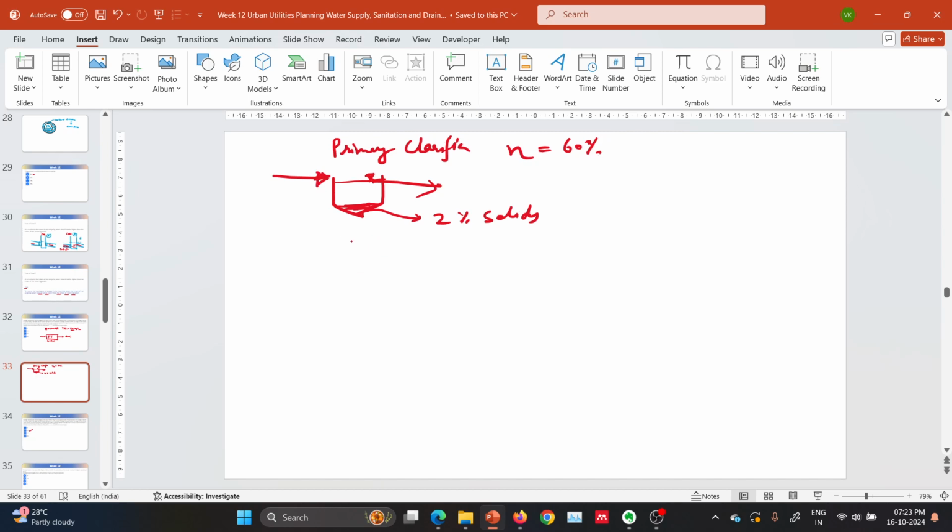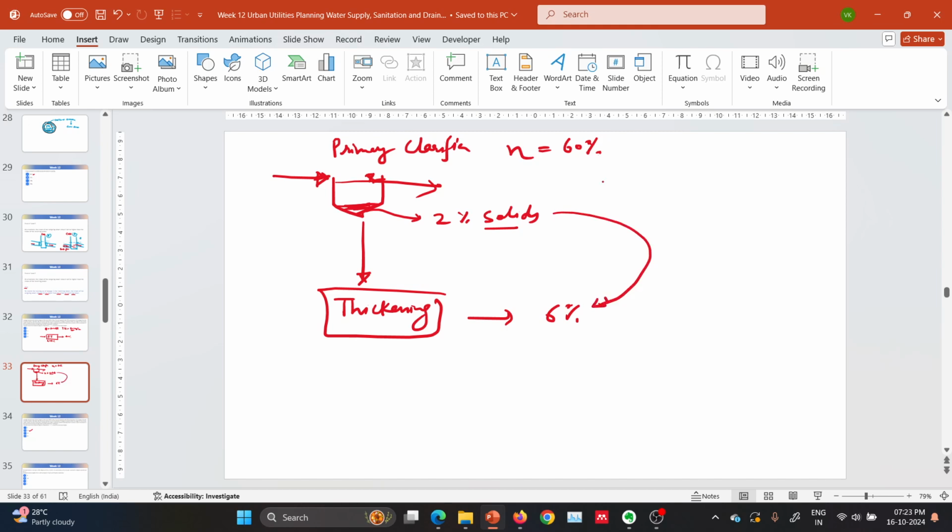And after this process, it will undergo thickening. After thickening, it will contain 6% solids. Means water is getting removed. Water is removed in the thickening, and the mass of solids will remain the same, but since the water is removed, the percentage of solids increased.